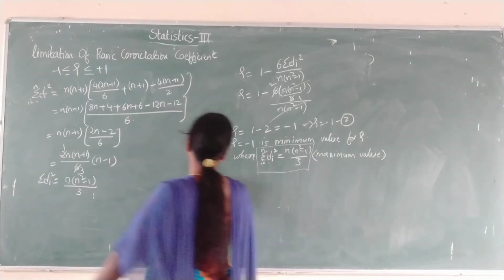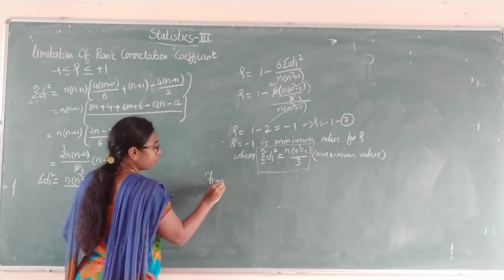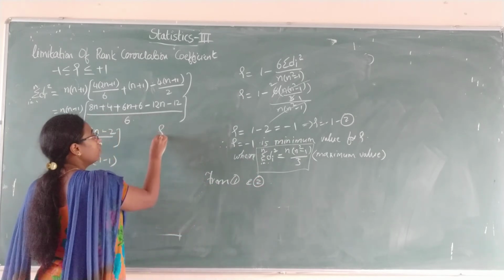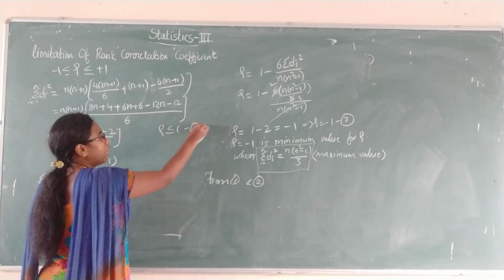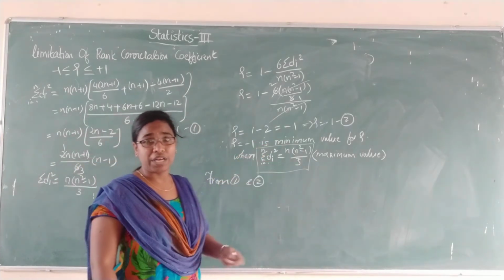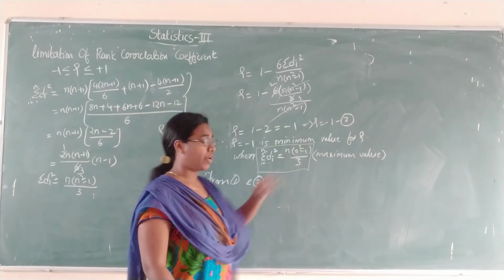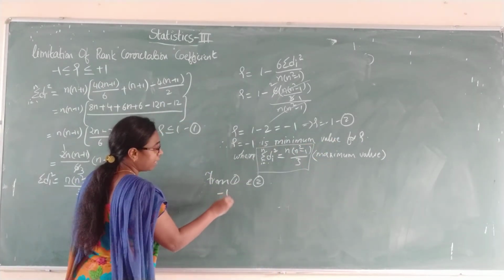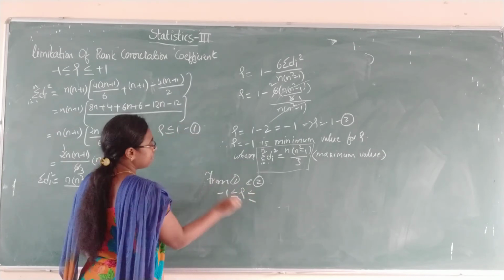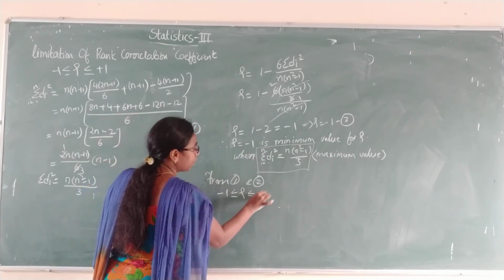Now from equations 1 and 2, what was equation 1? Rho is less than or equal to 1, and equation 2 is rho equals minus 1. So it is the minimum value, right? So from 1 and 2 we can write minus 1 is less than or equal to rho, and rho is less than or equal to plus 1.